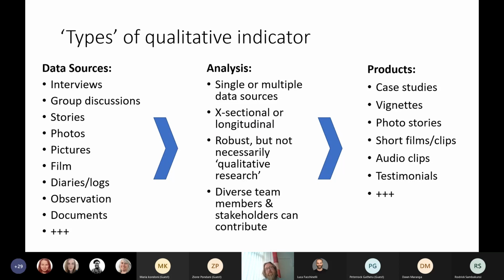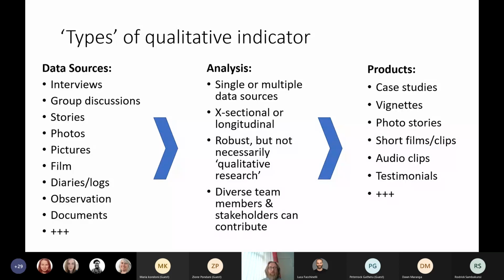The analysis should be robust, but the use of qualitative indicators in evaluation is not the same as qualitative research. And again, I think this is something that's a little misunderstood. In research teams where you may not have qualitative researchers, there can be a reluctance to use these sorts of indicators through a fear of not having the necessary methodological expertise.